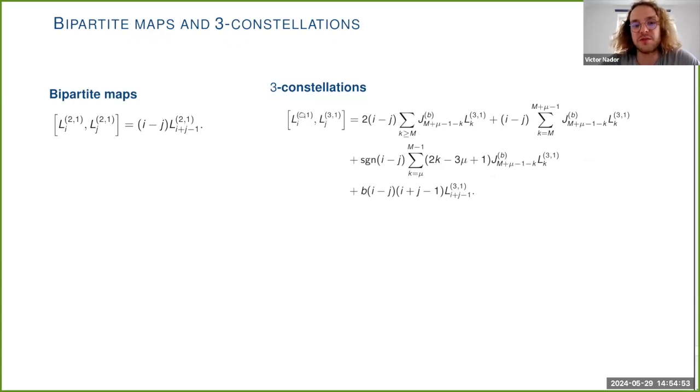Essentially, to show that this closes, you really have to rewrite each of the terms using the commutation relation either between J and L or between the J themselves. So you really have to do a non-trivial rewriting to get the right-hand side here and to recast everything as a function of L. If you take the left-hand side and naively expand, you're never going to get something that looks like a sum of L_K terms.